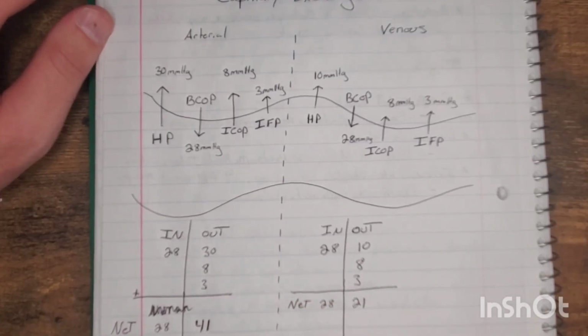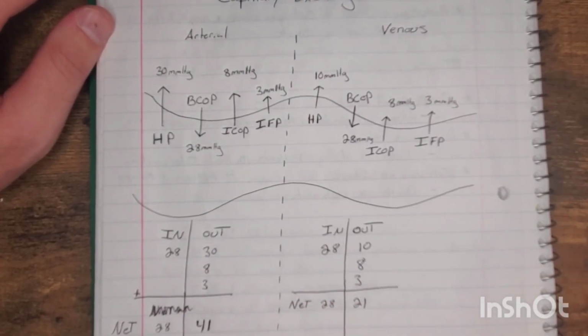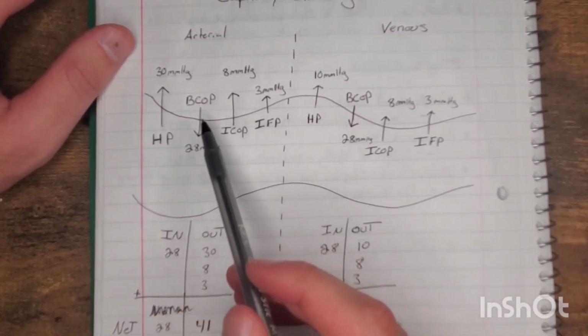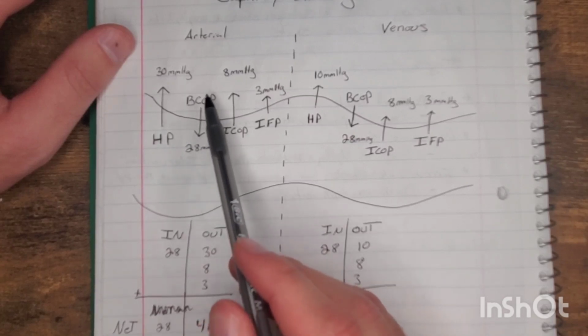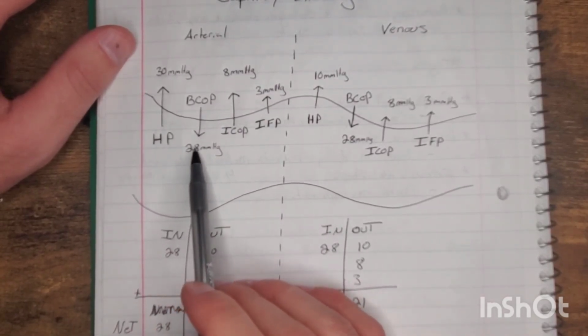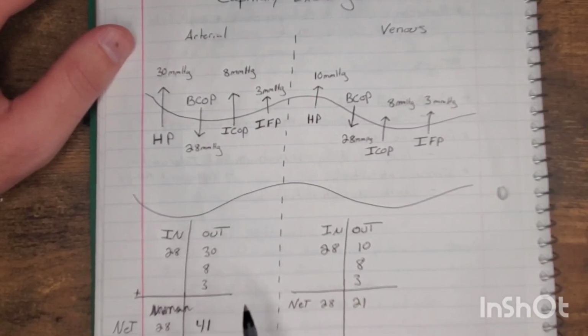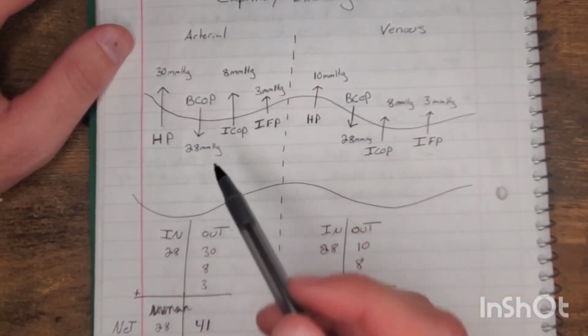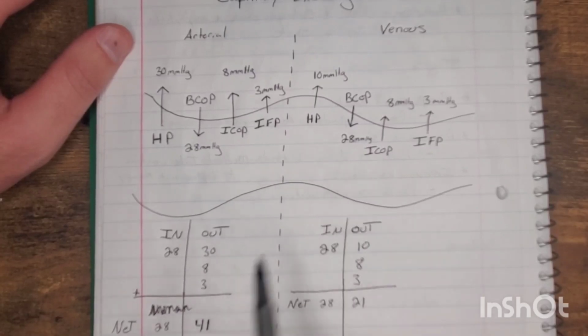If you remember way back, we talked about osmolarity. Water likes to follow the solutes, and in the blood we have some solutes, so our osmotic drive is going to pull water into the capillary at a pressure of 28 millimeters of mercury. So we have 30 out so far, 28 coming in.